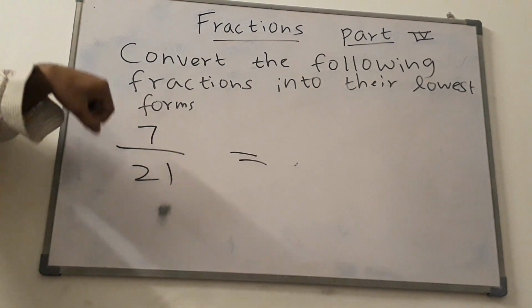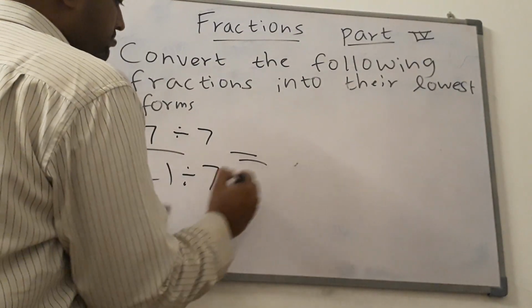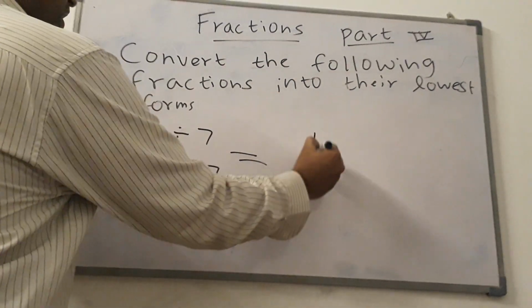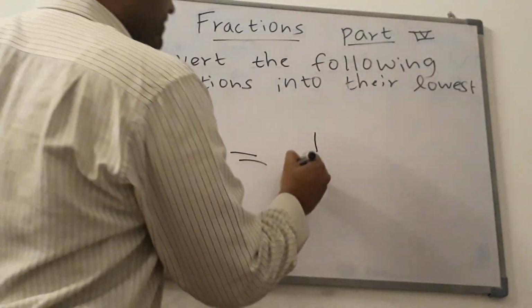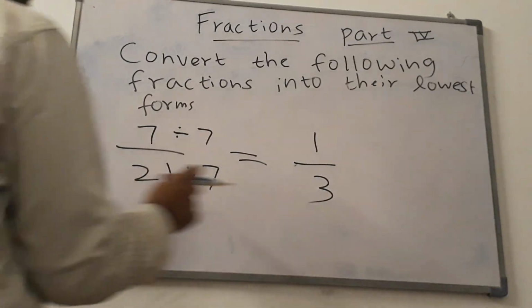So both numerator and denominator are divisible by 7. 7 divided by 7 is 1. 21 divided by 7 is 3. So the lowest form of 7 out of 21 is 1/3.